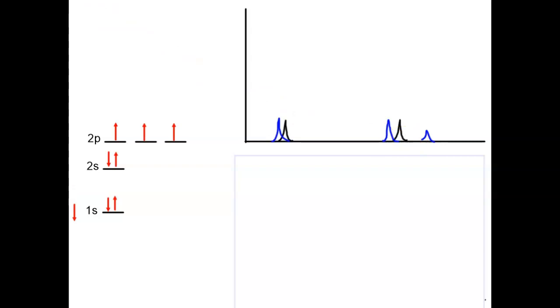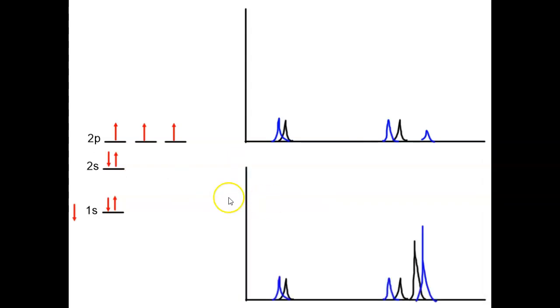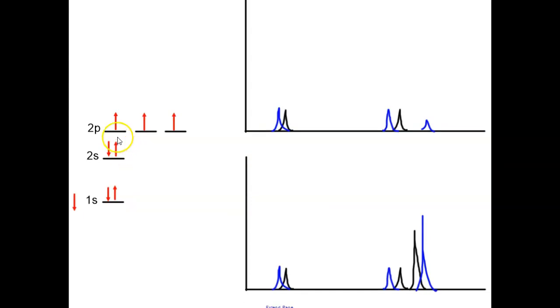The other exception I want to look at is between nitrogen and oxygen. So here I have the electron configuration of nitrogen with 3 unpaired electrons. And here in black, I have the PES diagram for nitrogen. When we add the 4th electron to the 2p orbital, now we have electron-electron repulsion.